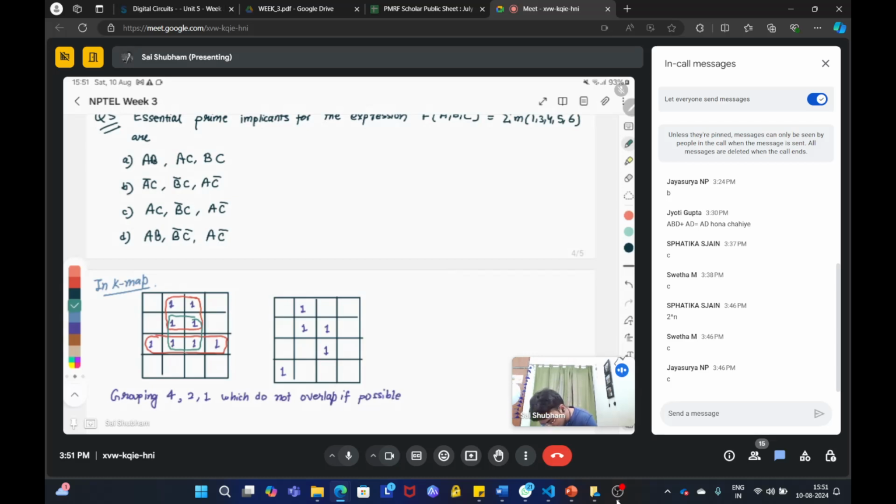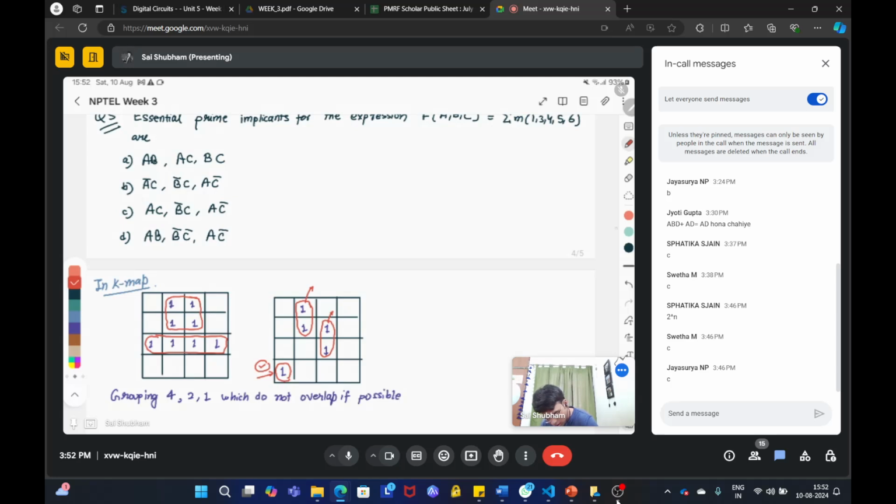We have already counted these ones in the rectangle box, so we will not make a square box. Similarly, here prime implicants would be this one and this one, and this one. See, we cannot pair this single one with anyone, so this will be a prime implicant on its own. Then we have this case and this case.